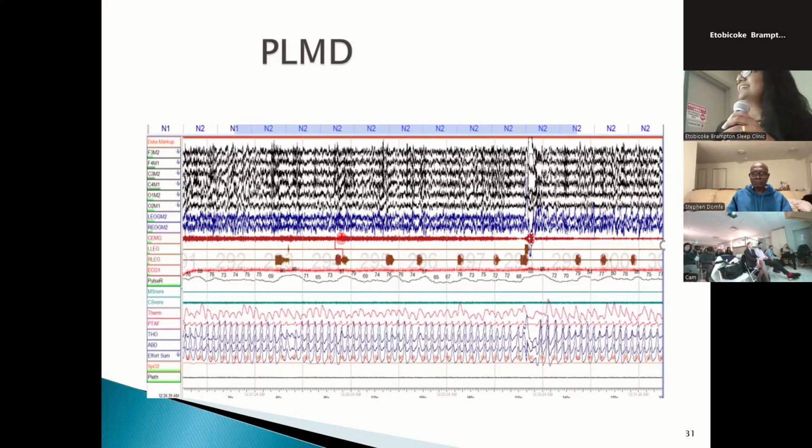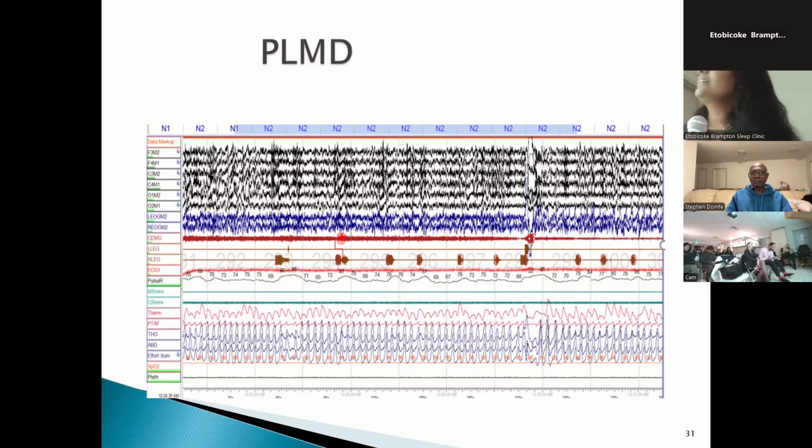So you can see all the things, they meet the criteria: more than 0.5 seconds and less than 10 seconds in duration, and interval more than 5 and less than 90 seconds. And you can see some are associated with arousal, but not every movement.